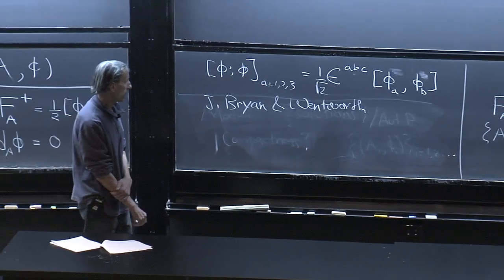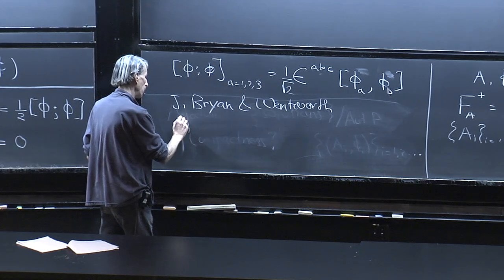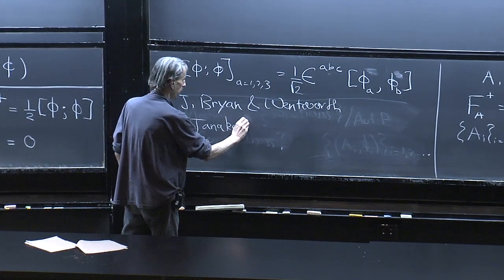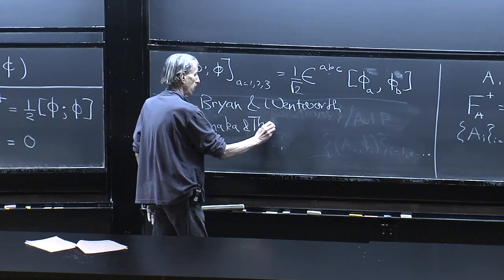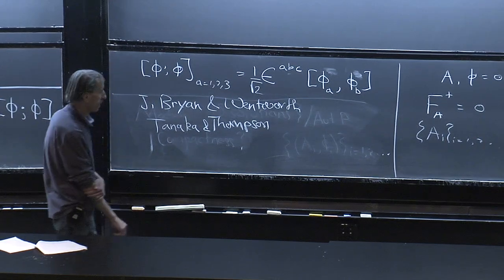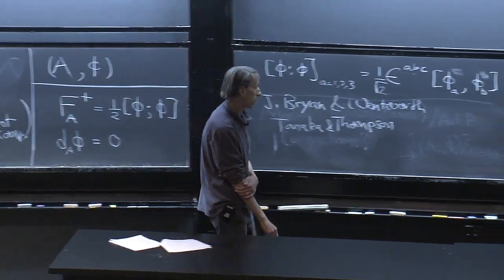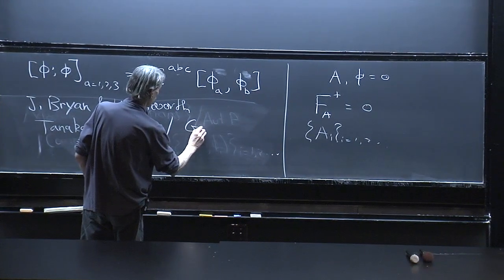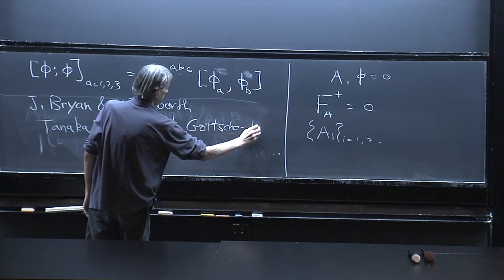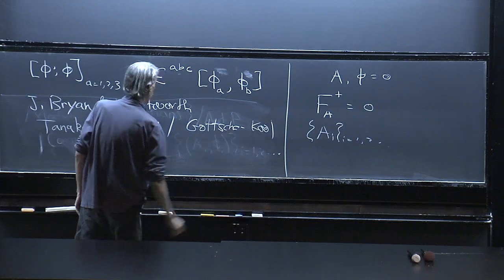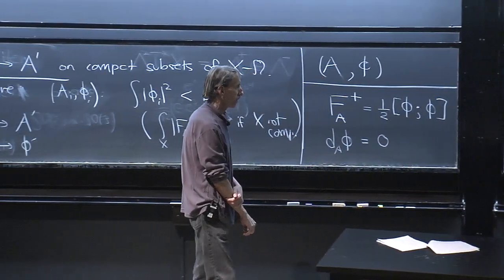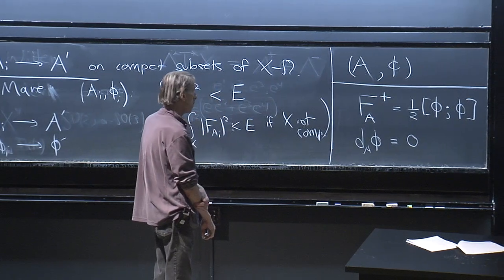Then there was subsequent, actually very recent, further work by Yuji Tanaka and Richard Thomas. They put out a paper on this over the winter, and then also Gocci and Kuhl put out a paper, I think, just a couple weeks ago on this. So on Kähler manifolds, you can say an awful lot, actually.